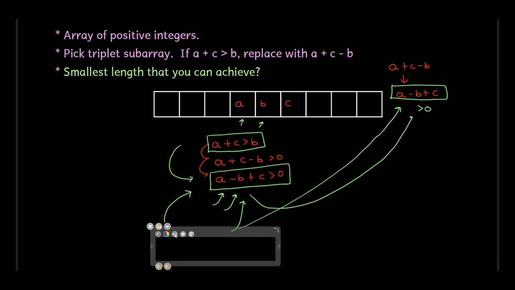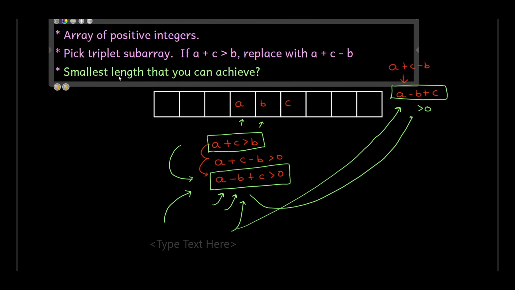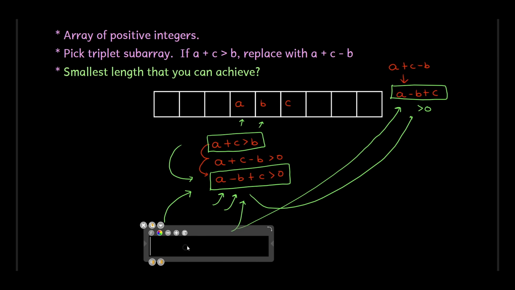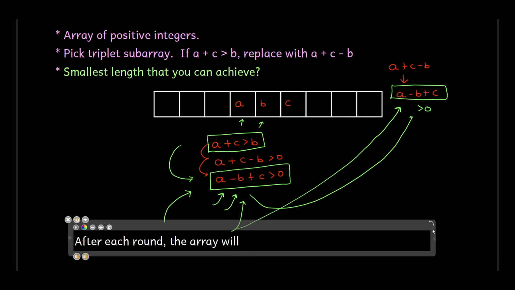So what is the first observation that you can make from this? So we are already in the territory of making some observation. You see that if the array started out with positive integers, then after each round, the array will still contain positive integers only. So we can make that observation. The array will contain positive integers.